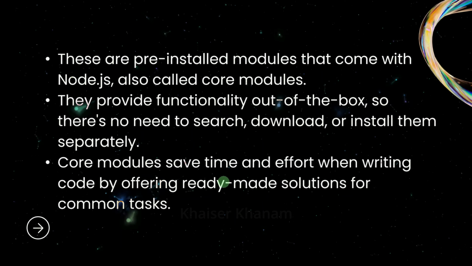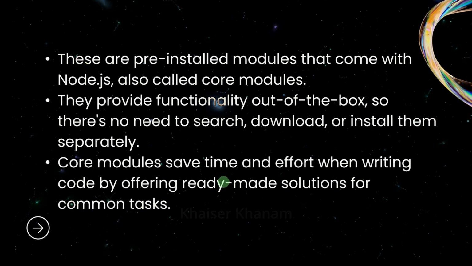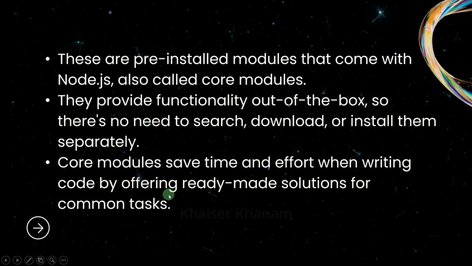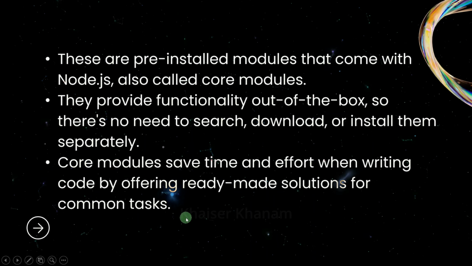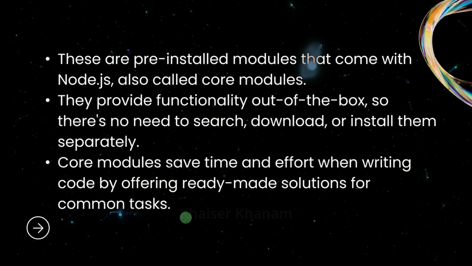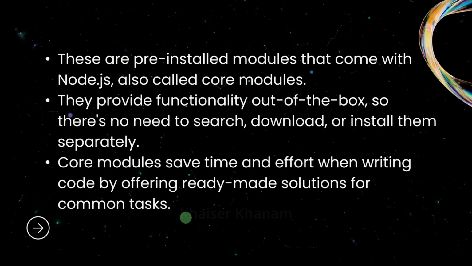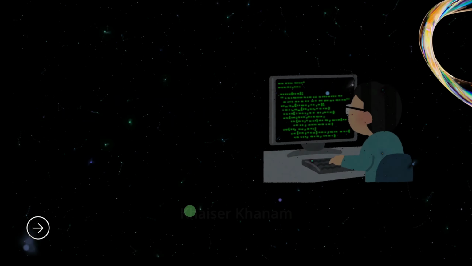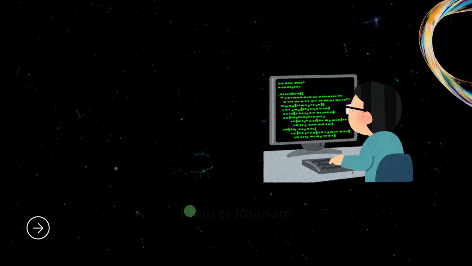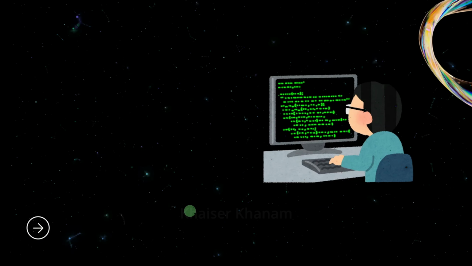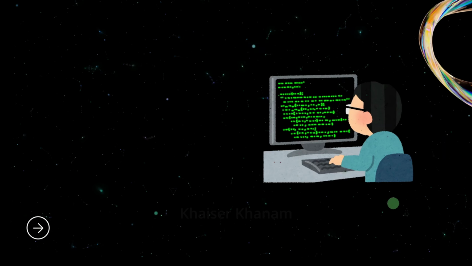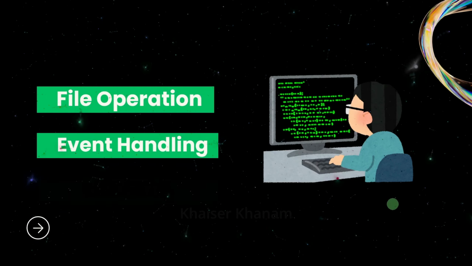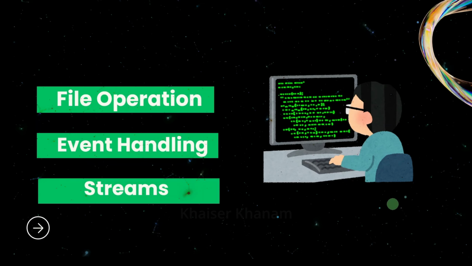And these core modules are going to save a lot of time and effort when we start writing code. They offer ready-made solutions for common tasks. Now you might ask, why do we need to use built-in modules? These core modules enhance the capabilities of Node.js, and this allows developers to handle complex tasks like file operations, event handling, as well as streams.